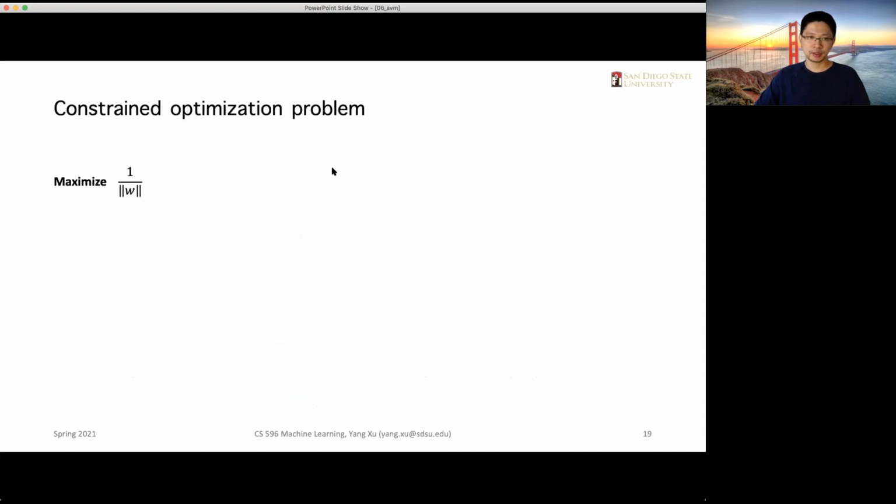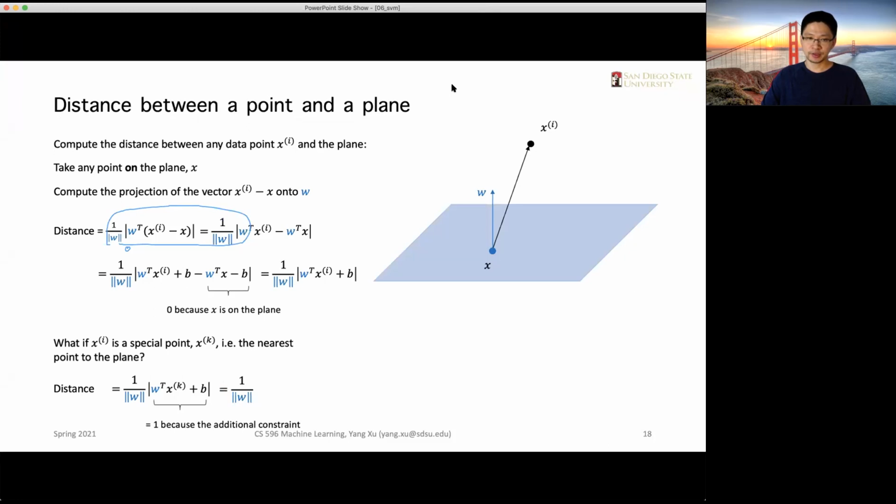Our constraints are these, and this i ranges over all data points. Now, the question from Devon: setting it to 1 is just to make the unit distance. There's another reason, which is that the representation of the plane becomes unique. It's actually an arbitrary value.